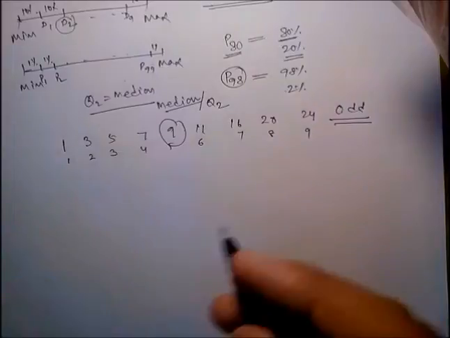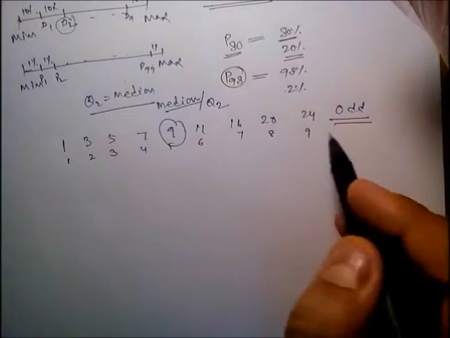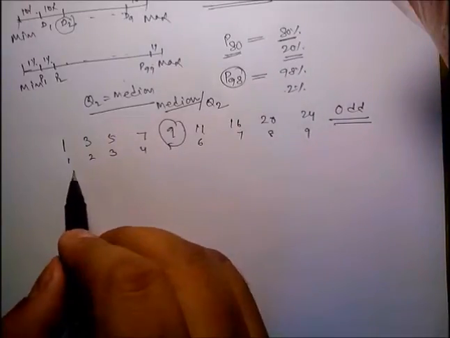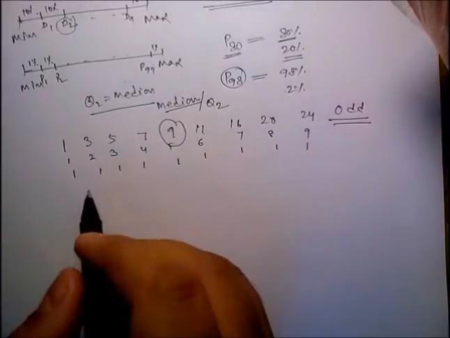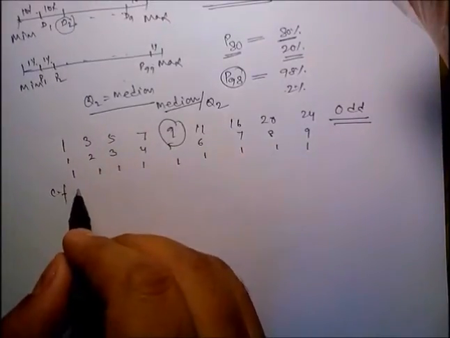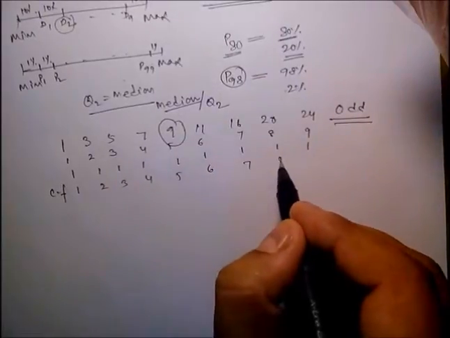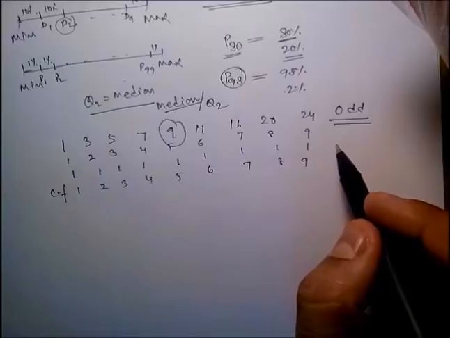Now how to calculate the other points, Q1 and Q3? Assume the frequencies are 1 each. Now we can calculate the cumulative frequencies: 1, 2, 3, 4, 5, 6, 7, 8, 9.